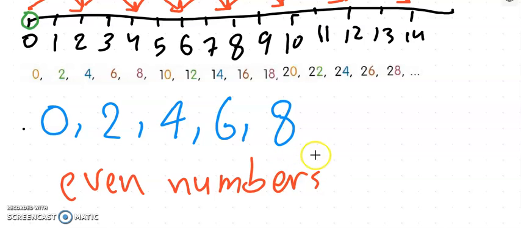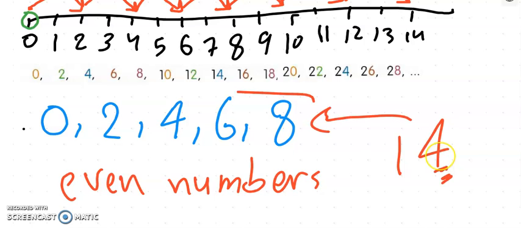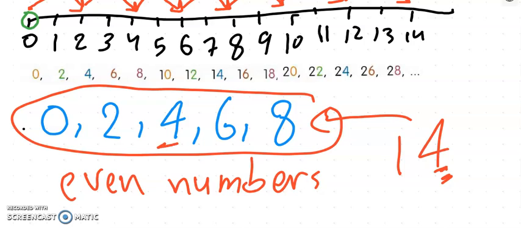Any number whose ones place is one of these numbers is even. For example, 14. What is the number in the ones place? It's 4, right? Is it one of these numbers? Yes, it's here, 4. So any number that has one of these 5 numbers in its ones place, we call an even number.